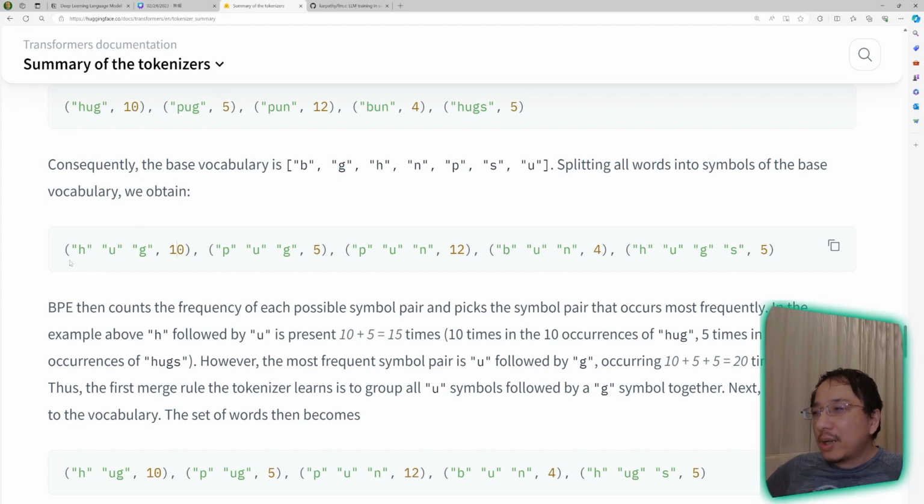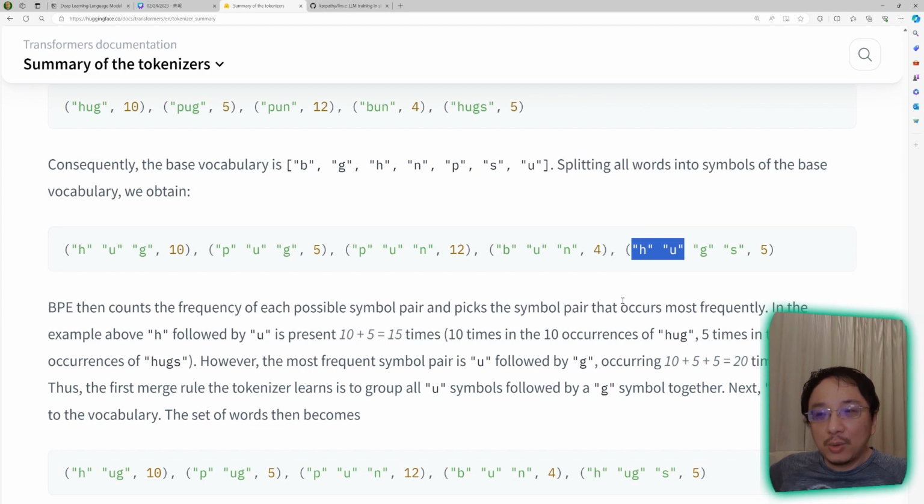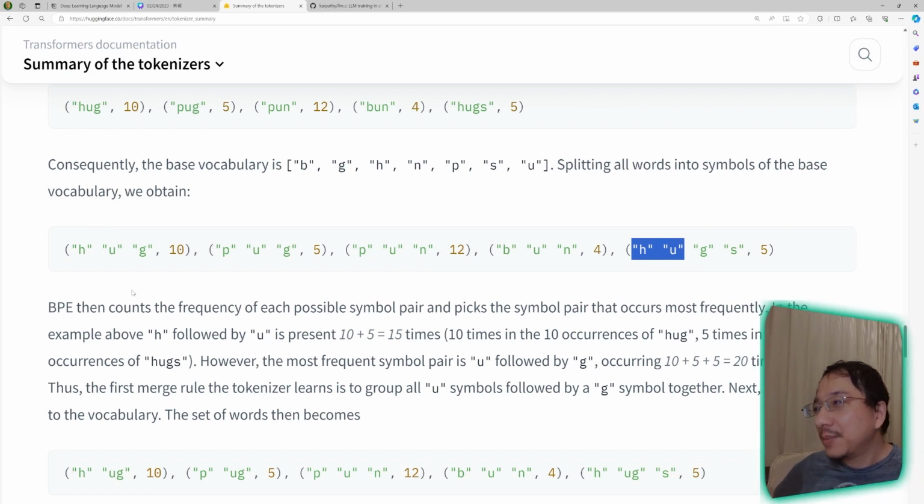But HU does not only appear in this word, it also appears here, 5 times. So in our text, HU appears 15 times in total.